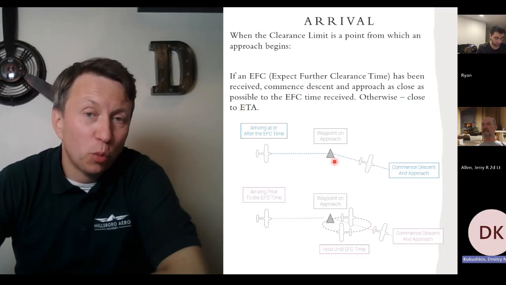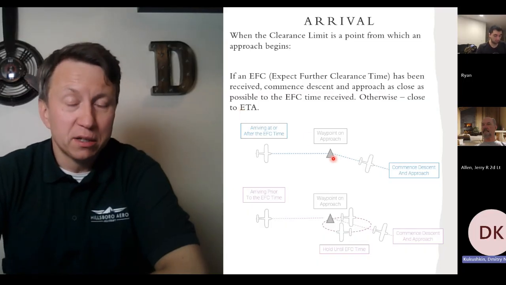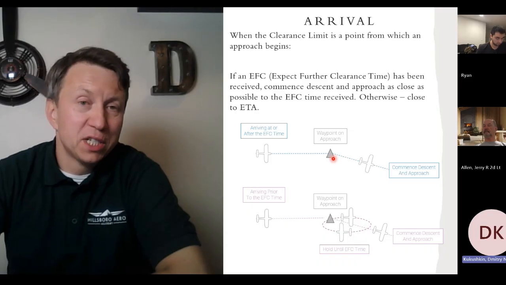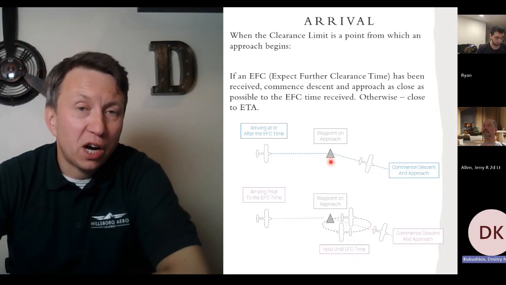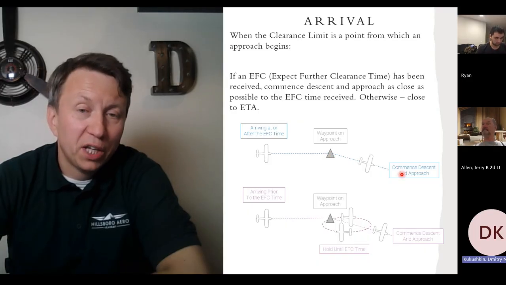So imagine you were cleared to waypoint X. Waypoint X happens to be the initial approach fix. Great. You get there at or after your ETA or EFC, and then you do an approach. If you get there before, all you do is hold.